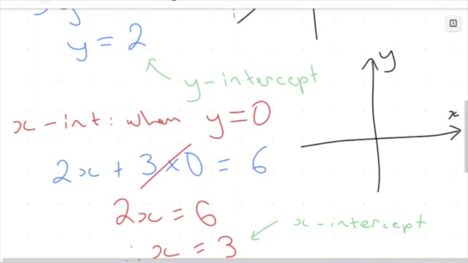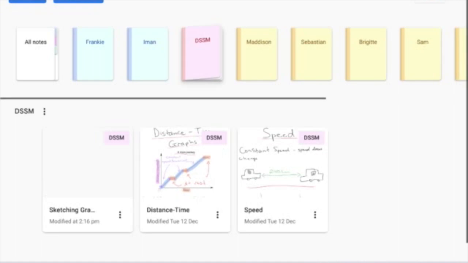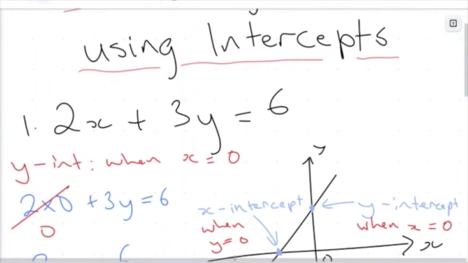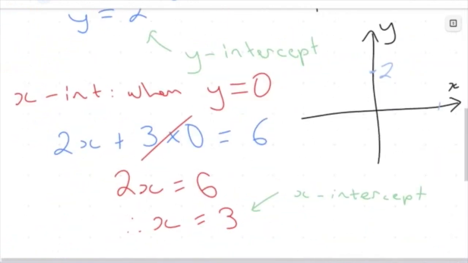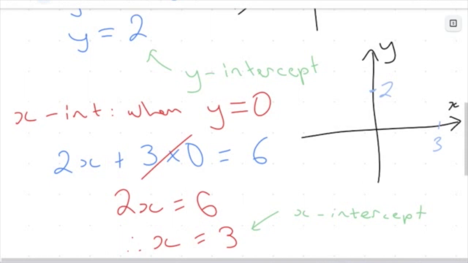My y-intercept, how far up the vertical direction, that's going to be 2. And my x-intercept, where it passes in the x, that is going to be 3. So I'm just drawing in what I've already found. I found a y-intercept, I found an x-intercept.